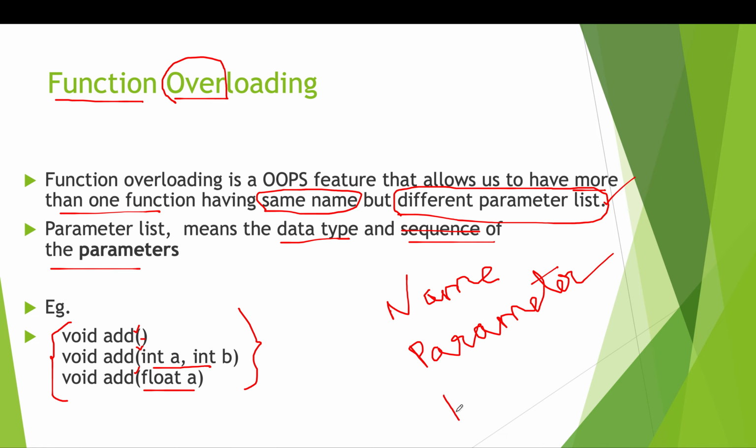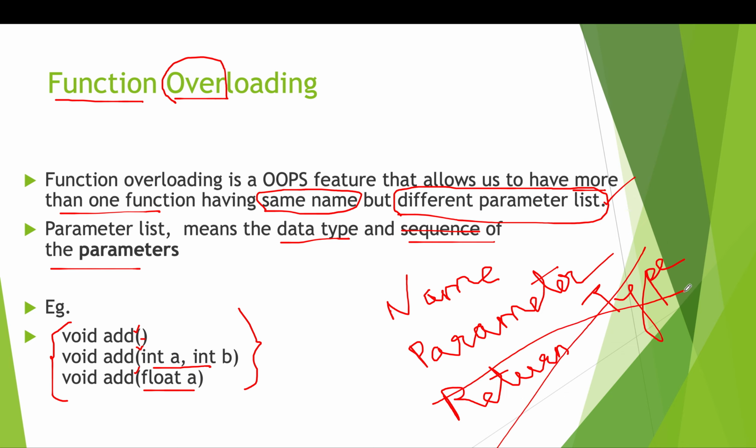Third thing is return type. When we are writing the definition of a function, there are 3 things that we write: the return type, name, and the parameter list. You need to remember that the return type of the function does not make any difference in function overloading. So return type is something we should not focus on when talking about function overloading.